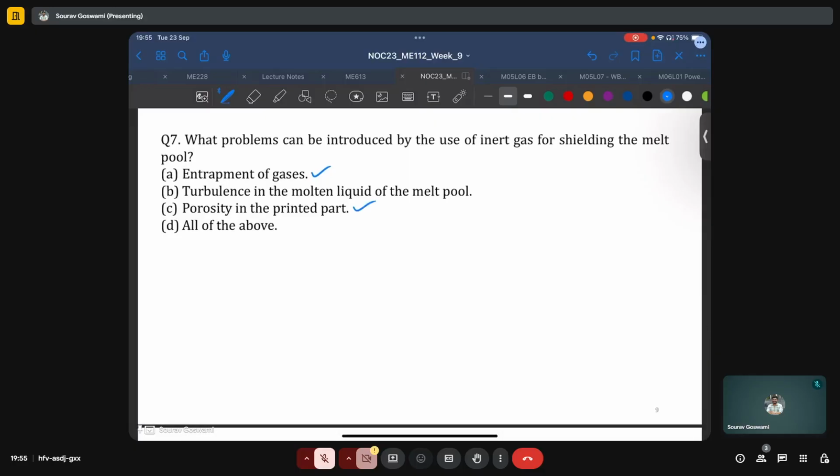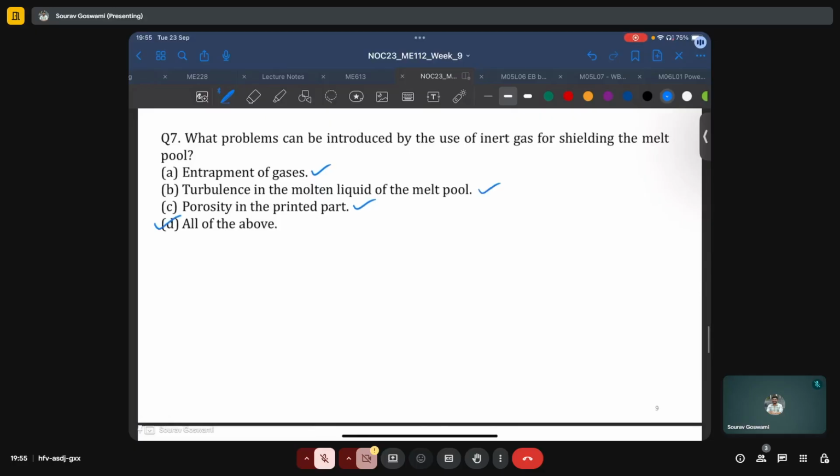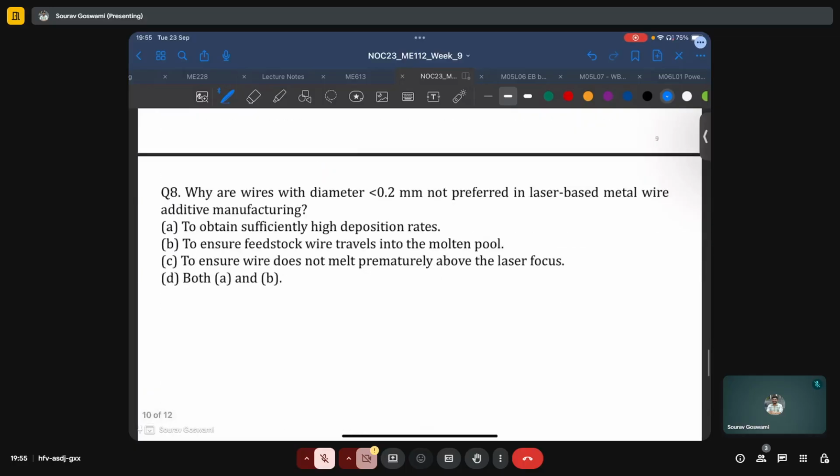And because of the interaction of these inert gases with the free surface of the molten pool, significant turbulence or surface waves or surface distortions can be introduced into the melt pool. And so all of the above options are correct.